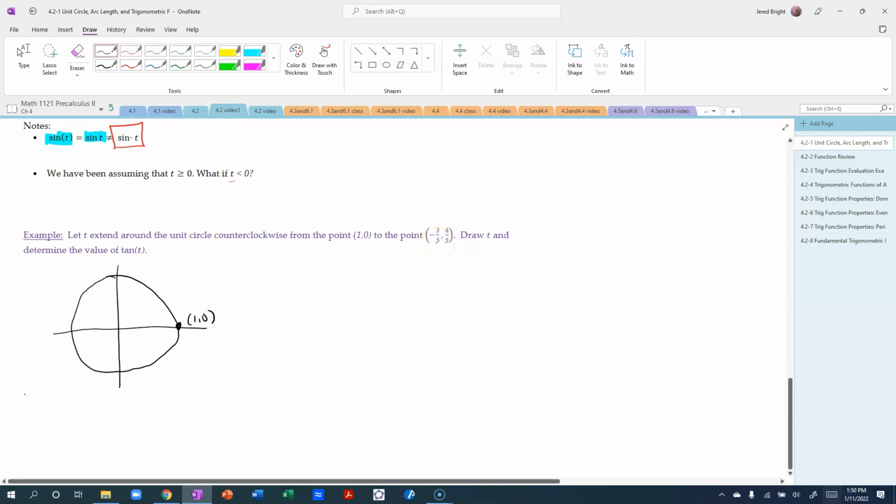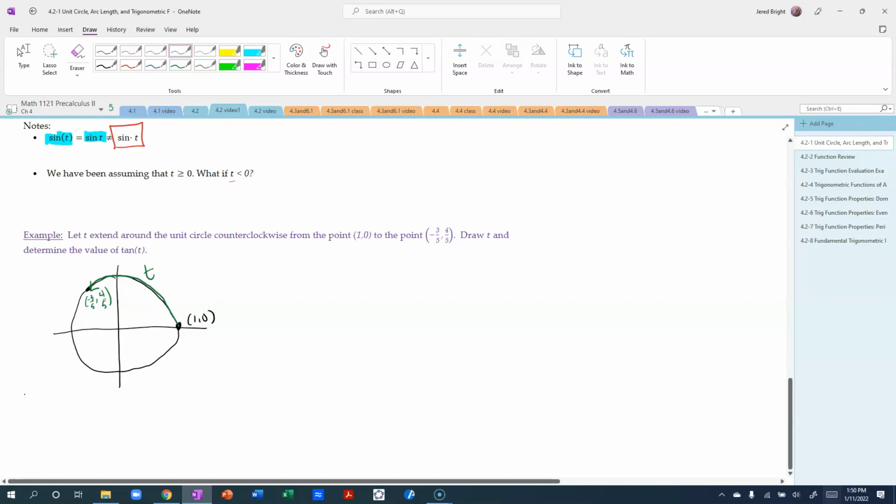So now this is on the unit circle, right? It says around the unit circle. This point -3/5, 4/5 would be somewhere in the second quadrant. So this would be the point -3/5, 4/5. And t would then be the distance along the edge of the circle, that arc length from there to there. It says, so draw t.